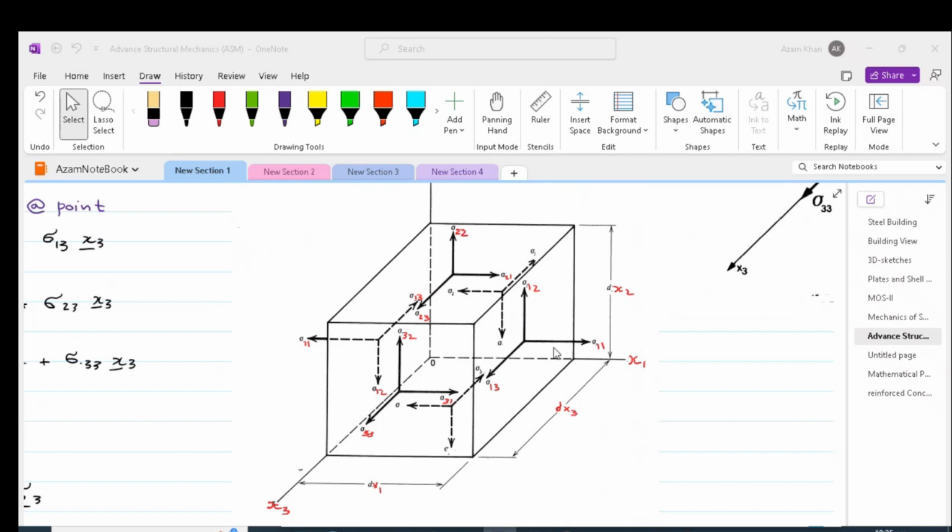The stress components on the positive x1 face are sigma 11, sigma 12, and sigma 13. Their positive sense is shown in this figure. Please note that in accordance with Newton's third law, the positive stress components sigma 11, sigma 12, and sigma 13 acting on the negative face are in the negative x1, x2, and x3 directions.